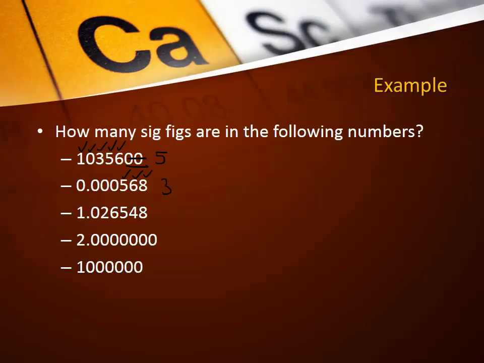There is a decimal, and our first non-zero is a 1. So we count that one and everything after it to the right, which gives us a total of 7. This one actually does have a 0, so we count this too and every single 0 after it. They're only trailing zeros if there is no decimal. So in this case, we have 8 sig figs. There is no decimal in this last one. None of those matter. There's 1 sig fig.